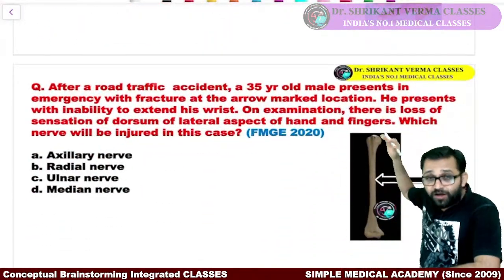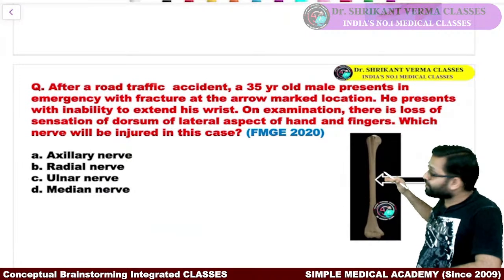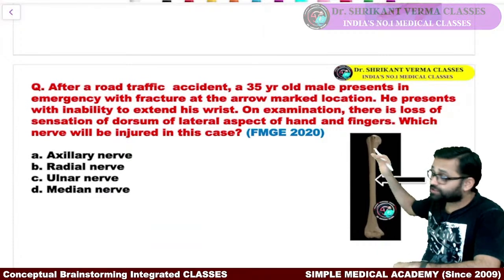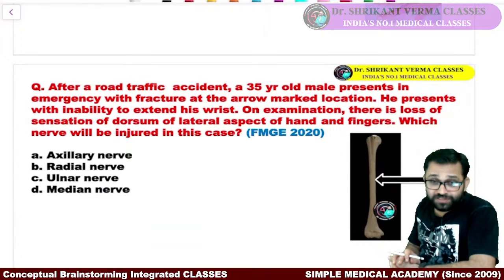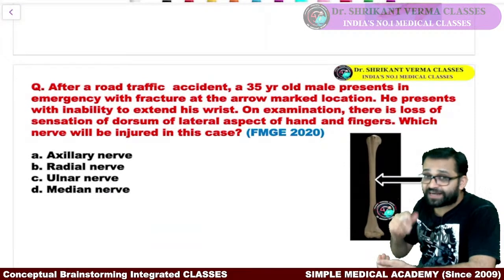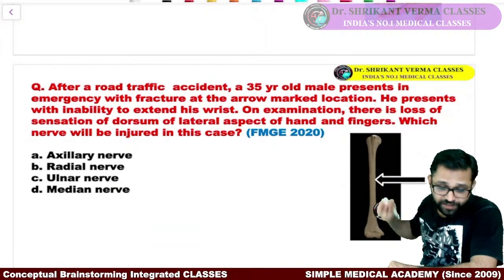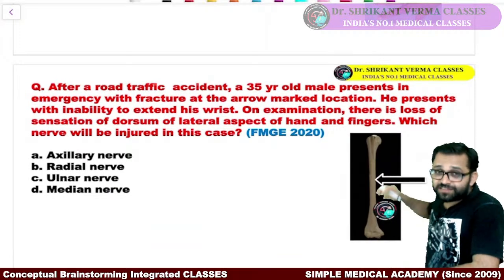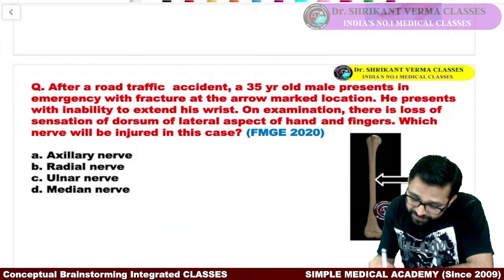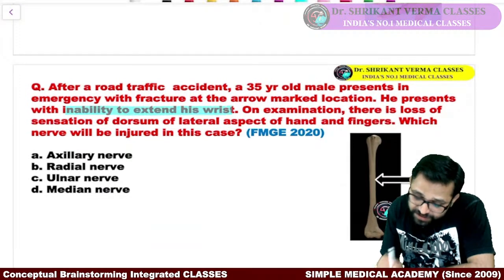Now the questions are asked from the nerves of the upper limb directly or indirectly. This is our previous year question, so don't skip this pattern. Nerves of the upper limb you have to read. Right now this question had been asked indirectly. Can you tell me the answer? This is our humerus, there is a shaft of the humerus, the fracture is here, and there is inability to extend his wrist.